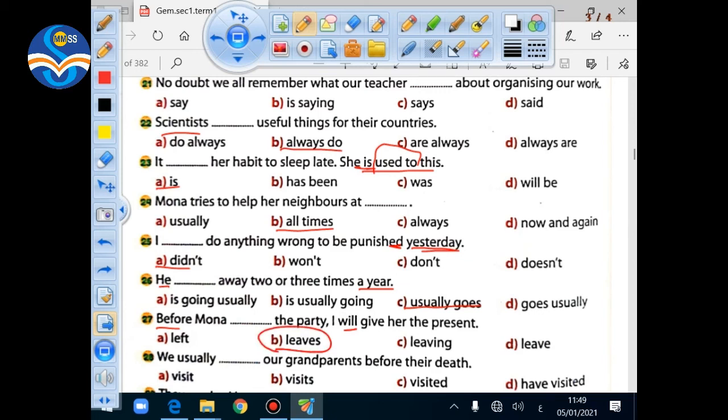We usually visited our grandparents before their death, that means that they are already dead. So visiting them is in the past. So it should be "we usually visited".